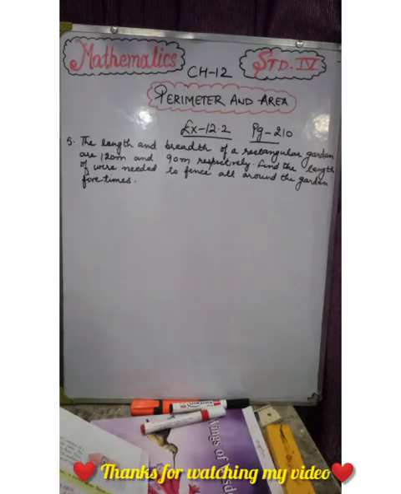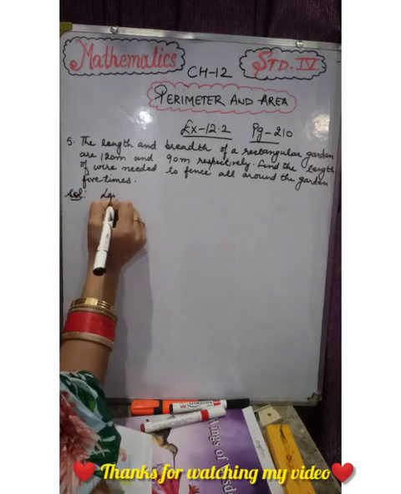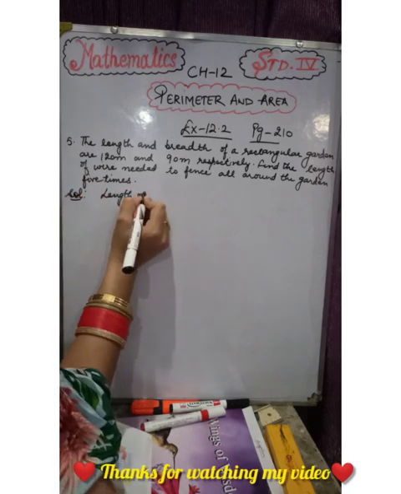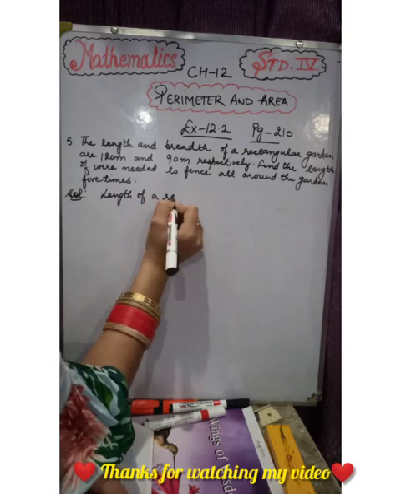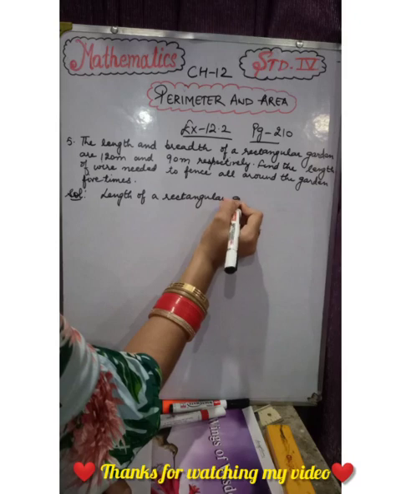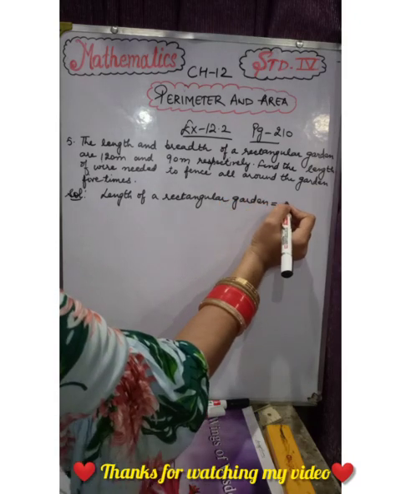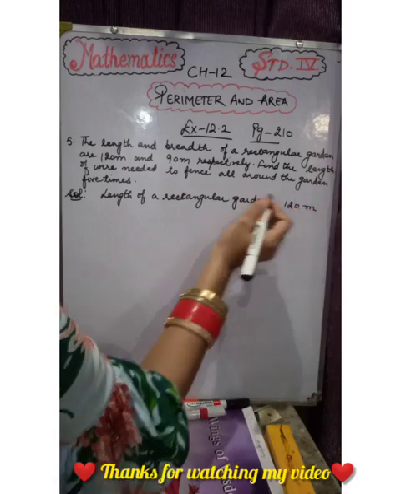So the question number 5 is, the length and the breadth of a rectangular garden are 120 meter and 90 meter respectively. Let's start. Length of a rectangular garden is equals to 120 meter.